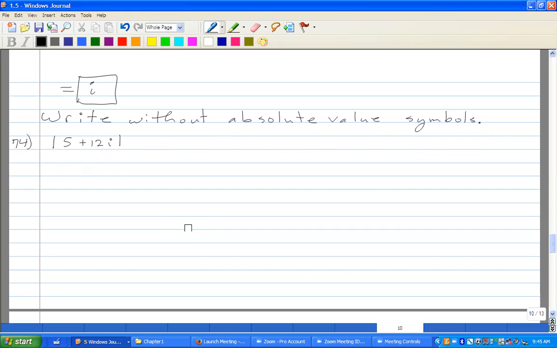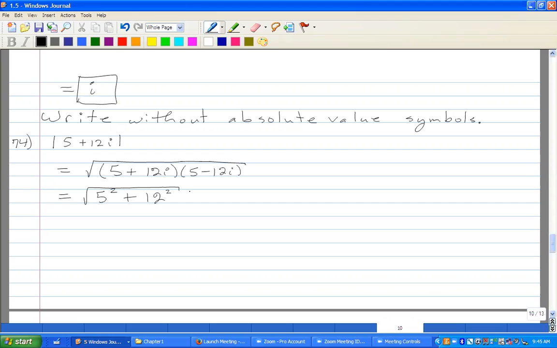So let's find the modulus of this complex number. Well, if you recall, this is just the square root of 5 plus 12i times 5 minus 12i. It is just the square root of 5 squared plus 12 squared.